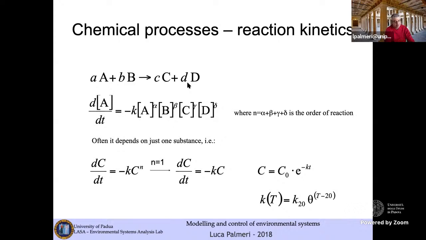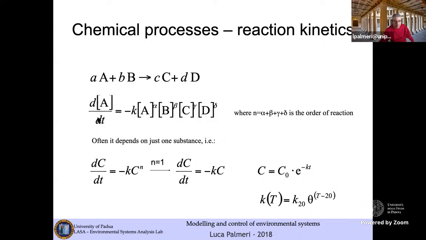and we write that the variation in time of the concentration of one of the elements, let's say A, we may say these are the starting chemicals and these are the product chemicals.